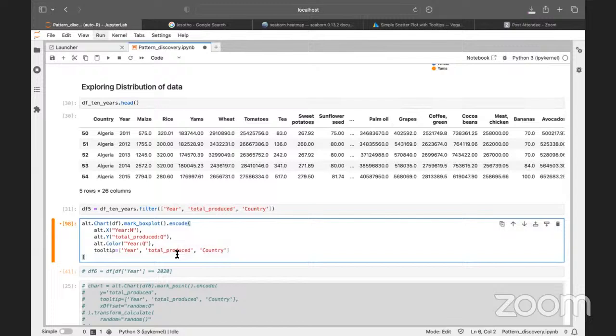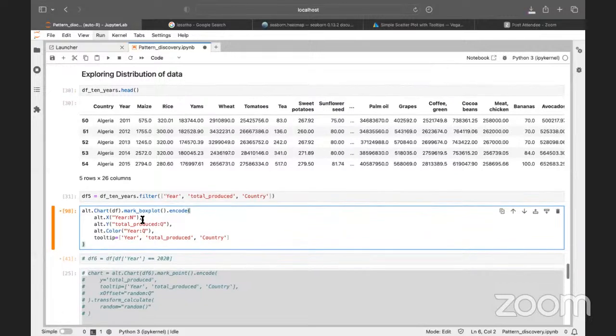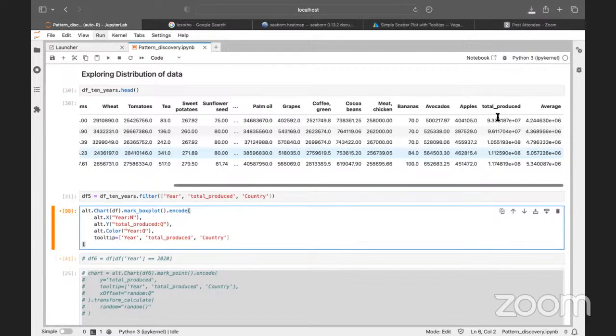Okay, so remember we used the mark box plot method to generate box plots. Here we specify the year because we want the year on the y-axis. Then we specify what we want on the y-axis to be the total produced, which we previously calculated.